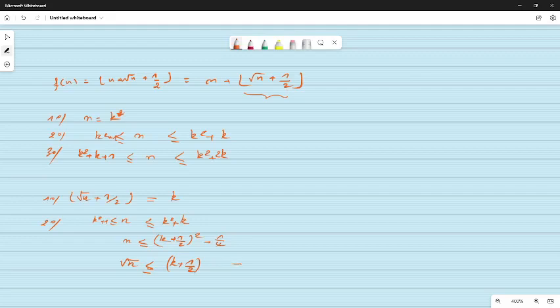And this implies that square root of n plus 1/2 is less than k plus 1/2 plus 1/2, which is equal to k plus 1.